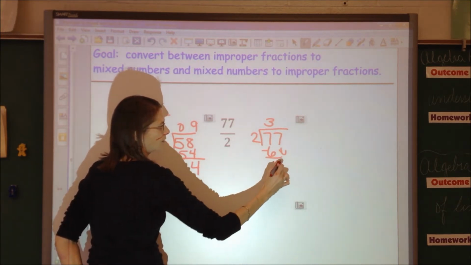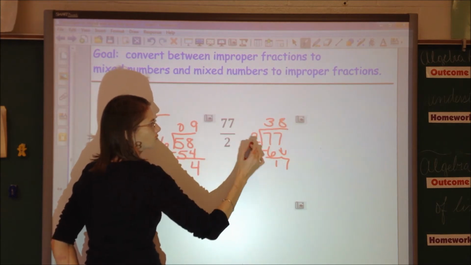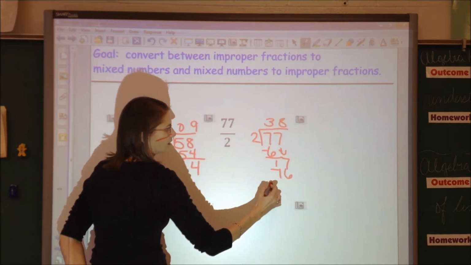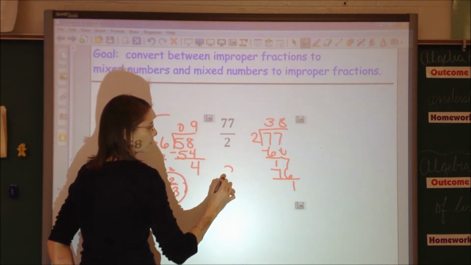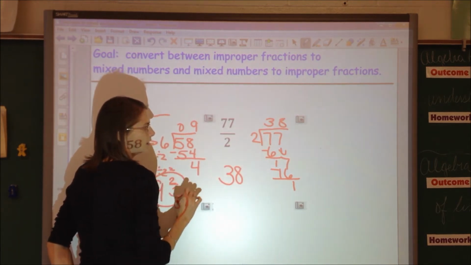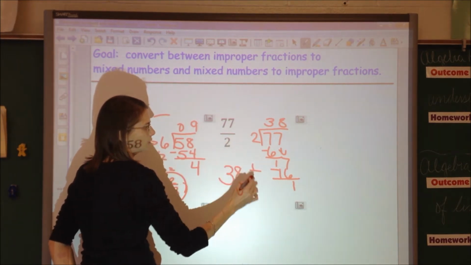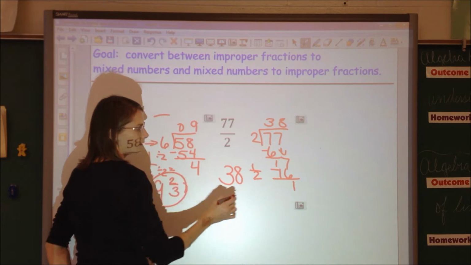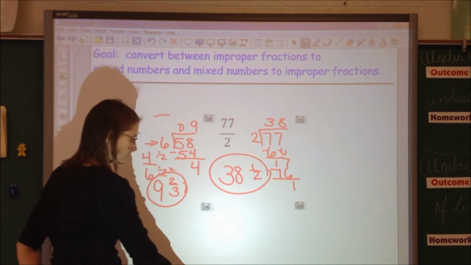Drop down my 7. 2 goes into 7 8 times. 2 times 8 is 16. Subtract it, and I get 1. So this is my whole number. It went in there 38 whole times, and then it had 1 out of 2 left over. So it becomes 38 and 1/2.